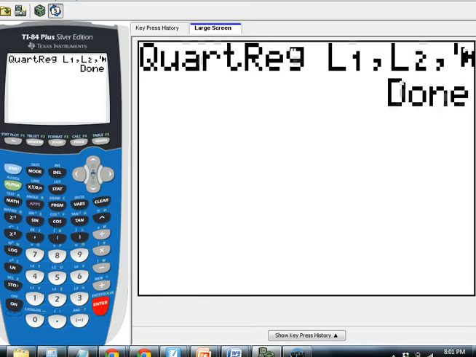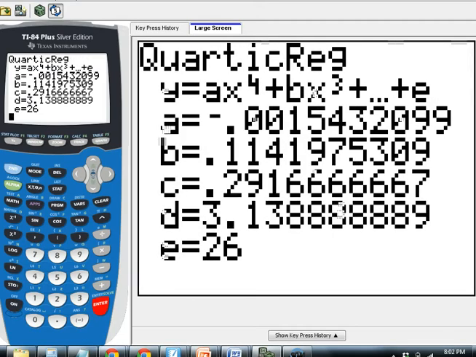So we do that, and you can see I have lots of data here, but it tells me the basic form at the top of the calculator screen, y equals ax to the fourth, bx to the third, plus so on and so on. Well, the a represents your coefficient of the quartic term. The b is the coefficient of your cubic term, and so on.